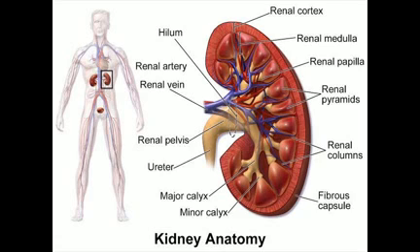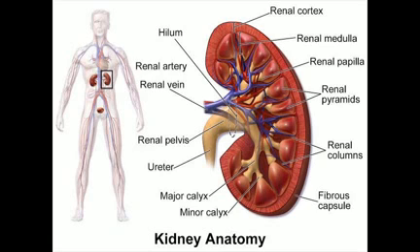They are bean shaped, reddish brown in color, about 10 centimeters long, and are situated in the abdominal cavity, one on either side of the vertebral column. Each kidney weighs about 150 grams.